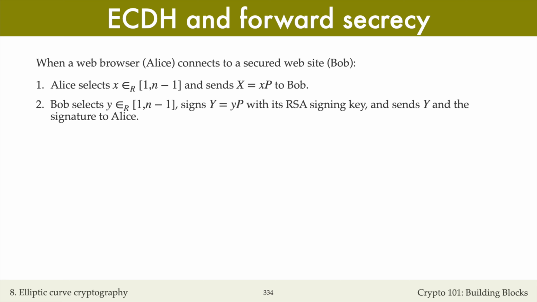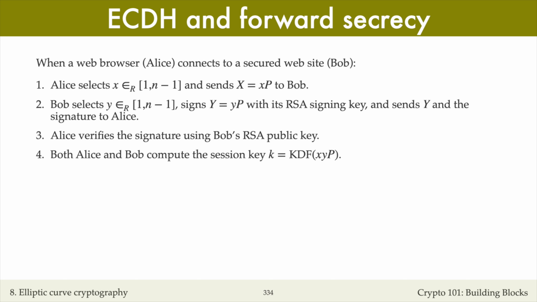Bob sends the point Y and its signature to Alice. Alice verifies the signature using Bob's RSA public key, and thus is assured that Y was indeed sent by Bob. Alice and Bob both compute the shared secret point K, and then derive the session key k from K.